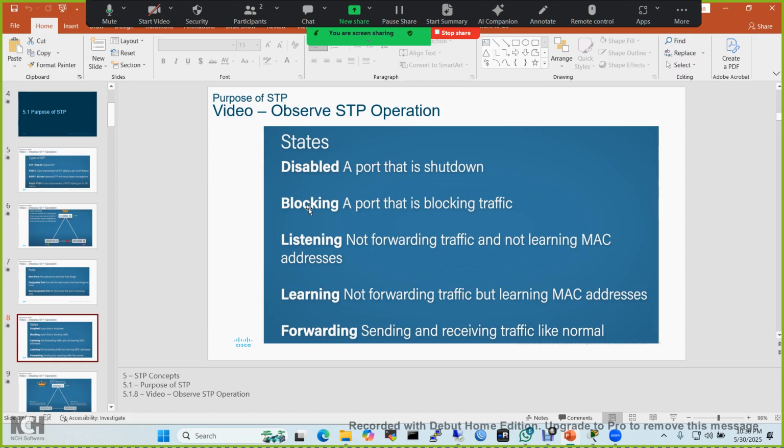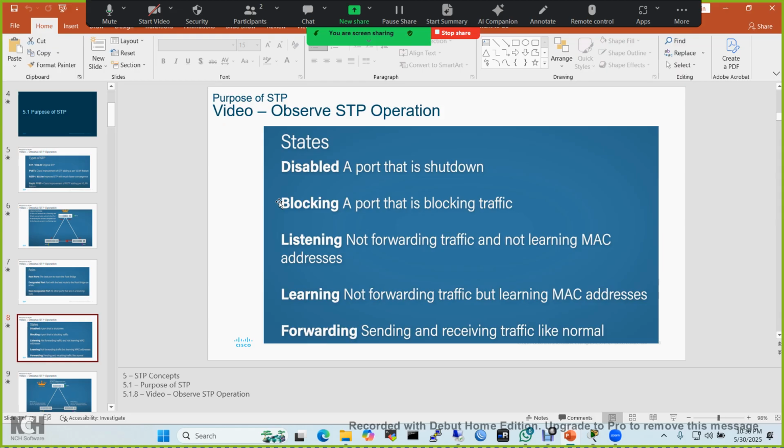In sequence: 1 is disabled, 2 is listening, 3 is learning, 4 is forwarding, and 5 is blocking.